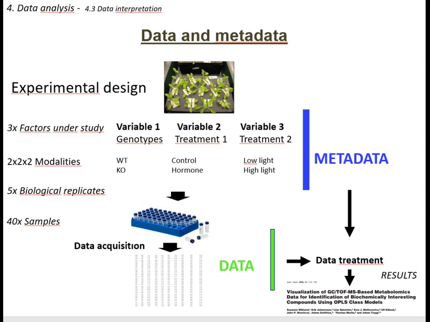Variable 2, treatment, you have control and hormone treated. And the third is low light or high light. And if you have 5 biological replicates of each modality, then you have 40 samples. And on those samples, you make some measurements, like metabolomics, and you have a data set. And it is only by crossing data and metadata that you can obtain results and interpretation of your experiment.